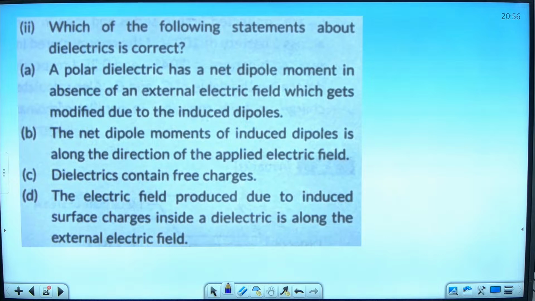Second question. Which of the following statements about dielectrics is correct? Read properly and say. A, B, C or D. They are asking which is correct, that means 3 are wrong. The first one is wrong or correct?